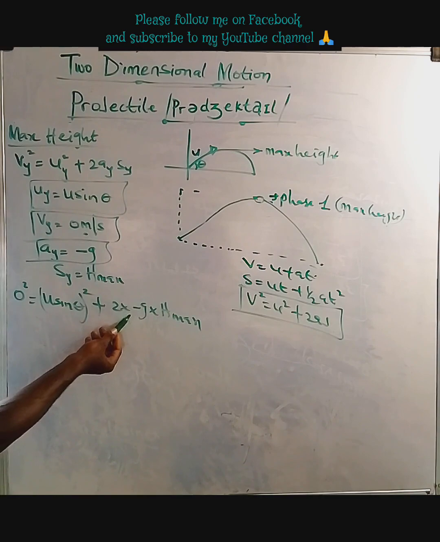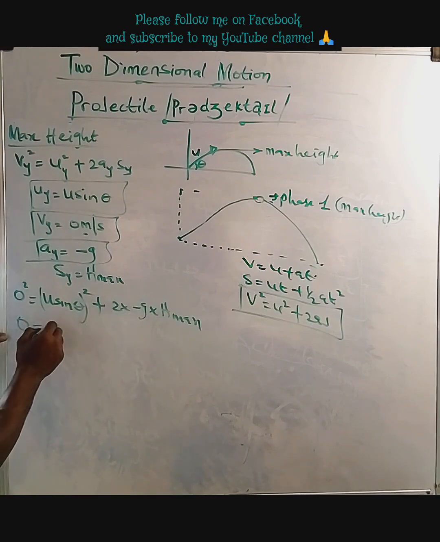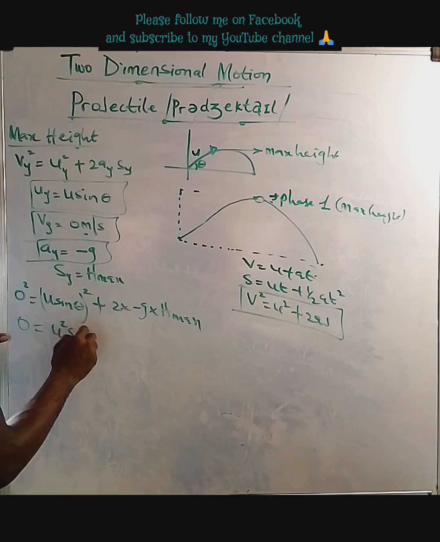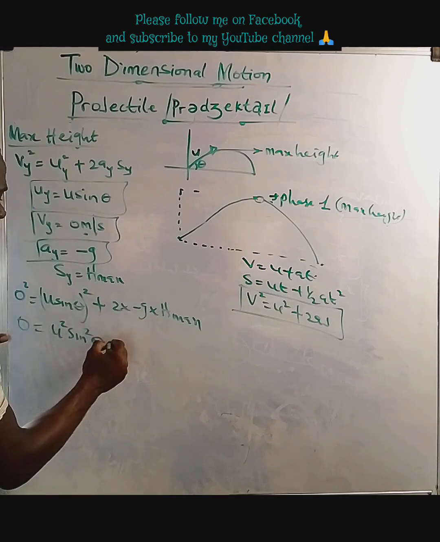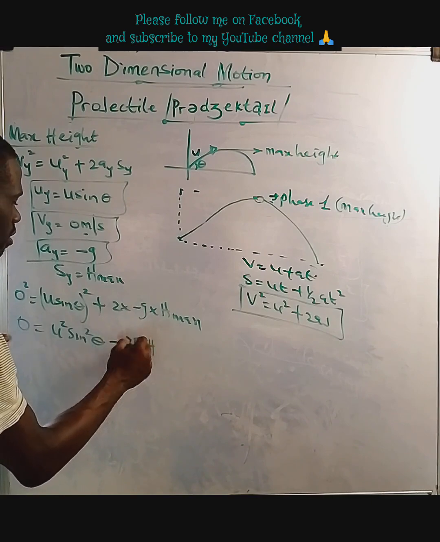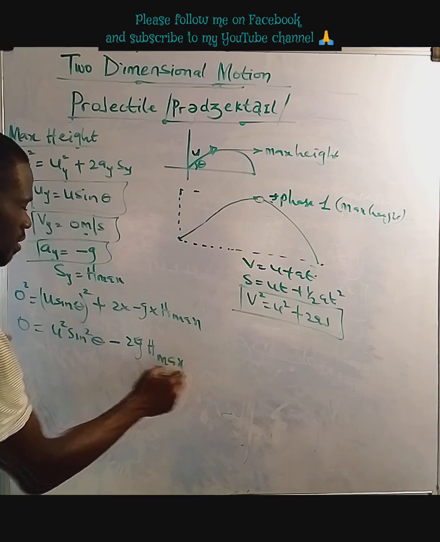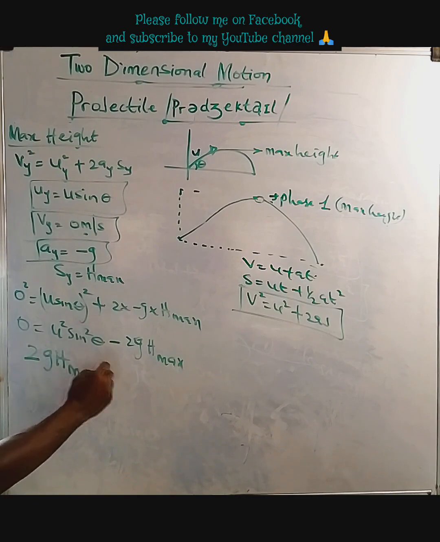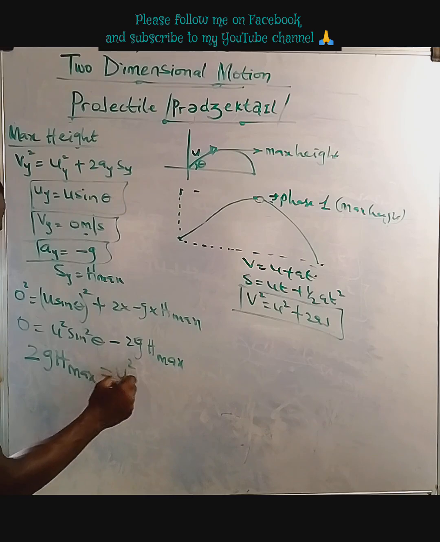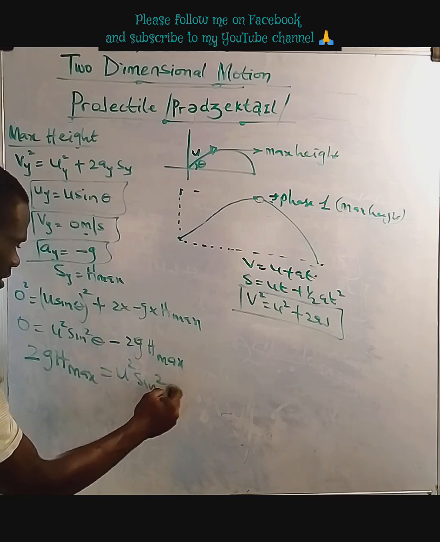The next thing is this: 0 equals u squared sine squared theta. Don't forget, trig identity, trig function, very important. So what do we have? Minus 2g h max. What do we do next? We send this to the other side. So 2g h max equals u squared sine squared theta.